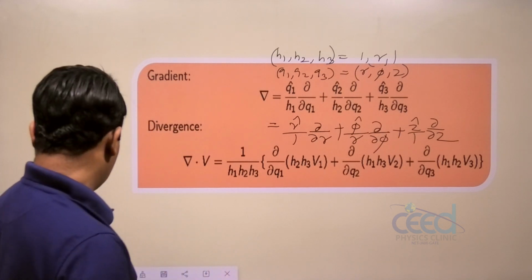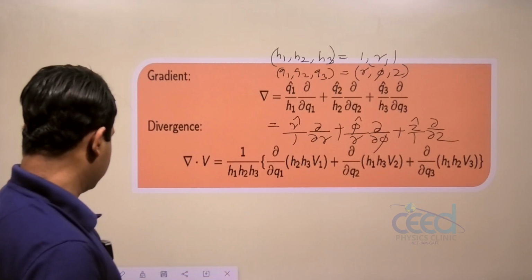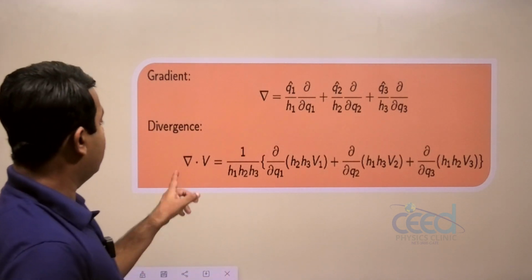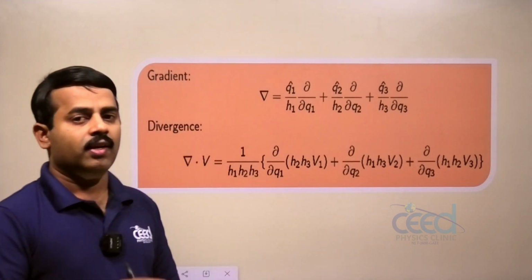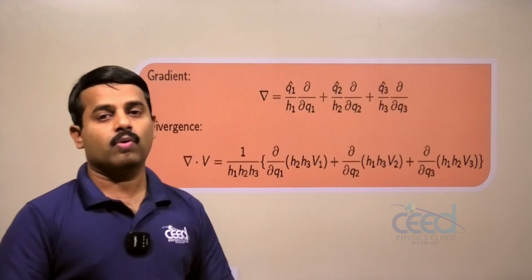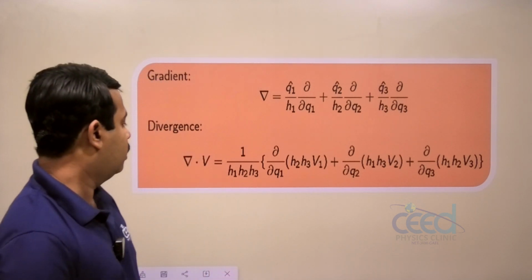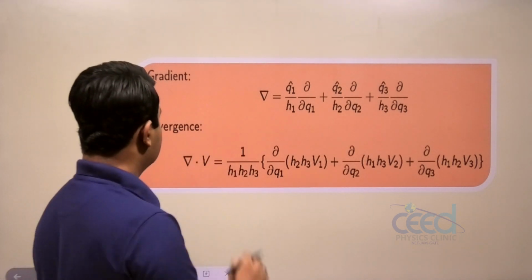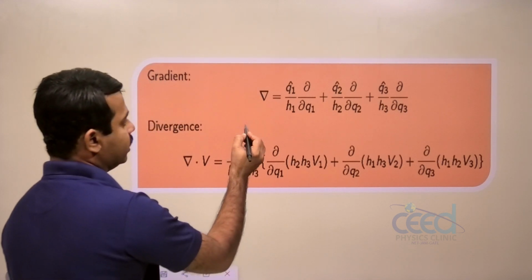Now, how do we represent divergence? First we study it in spherical polar coordinates.